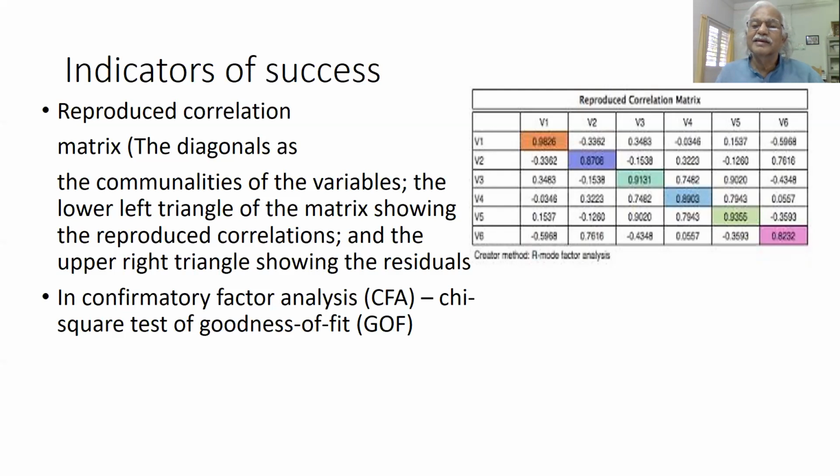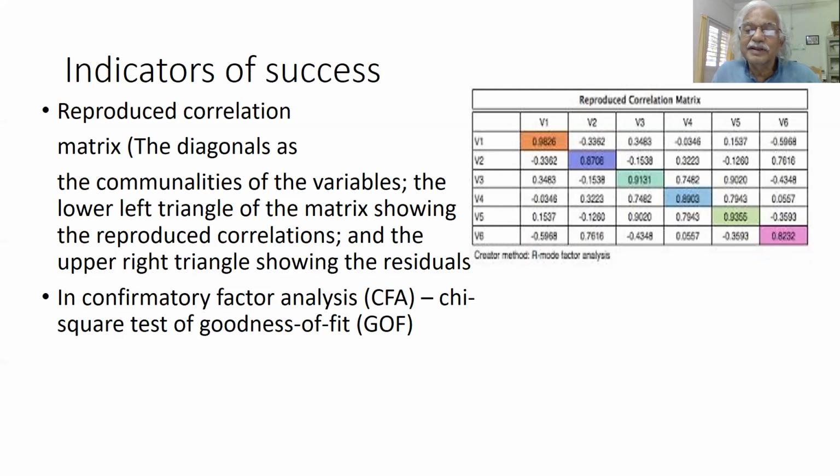Like the first diagonal term in this table is 0.9826. That means communality of variable 1 in this factor analytic model is 98%. Variable 1 had a variance of 1, and 98% of that variance has been explained by the model.